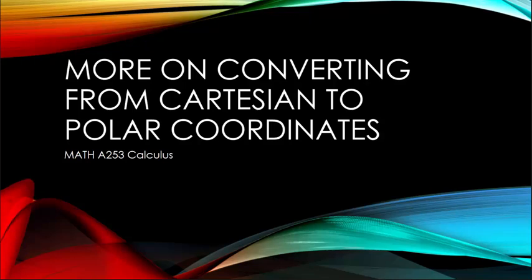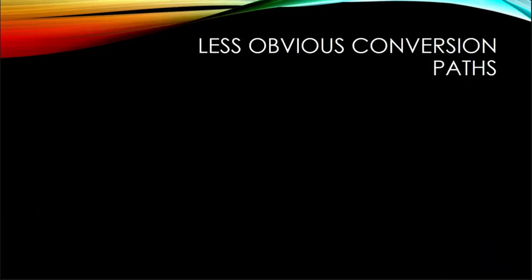In this video, I'm going to look a little bit deeper into the ideas of converting from Cartesian to polar coordinates in my double integrals. In particular, I may not see a very obvious substitution in my function. For example, I might have terms that involve x times y, or e to the negative x squared minus y squared.